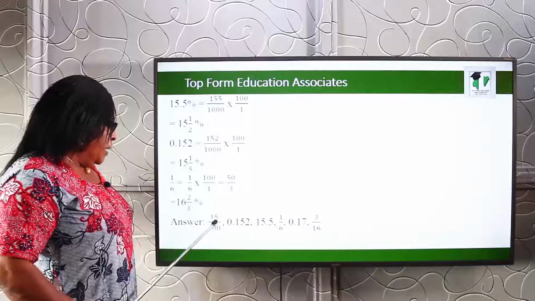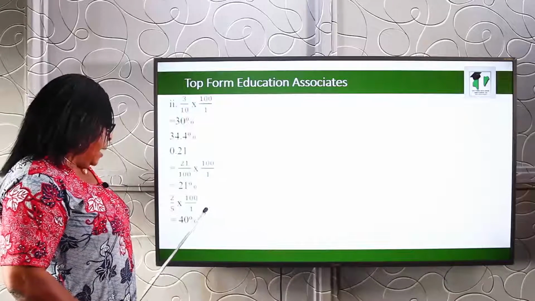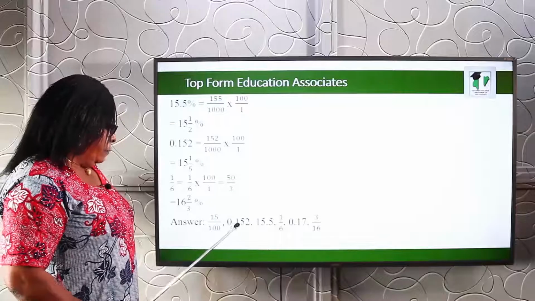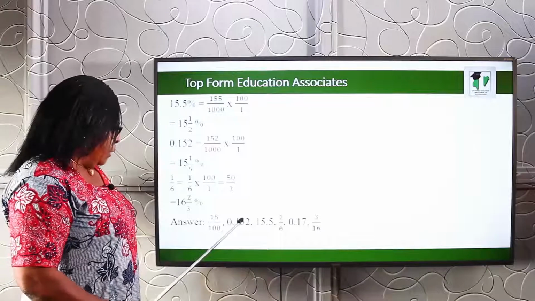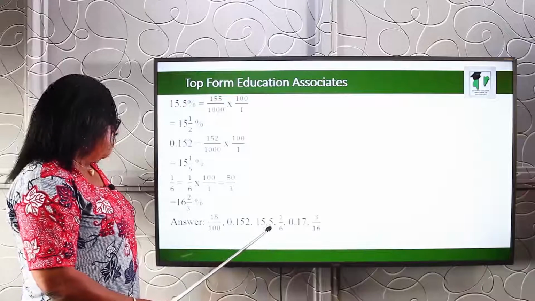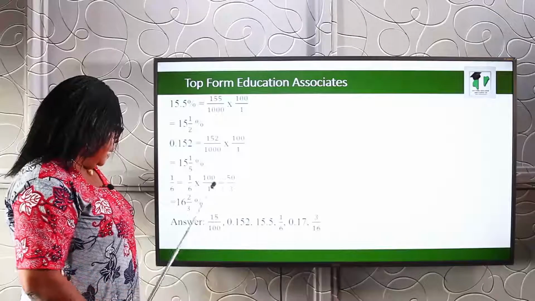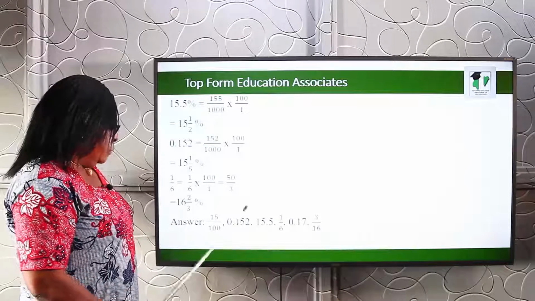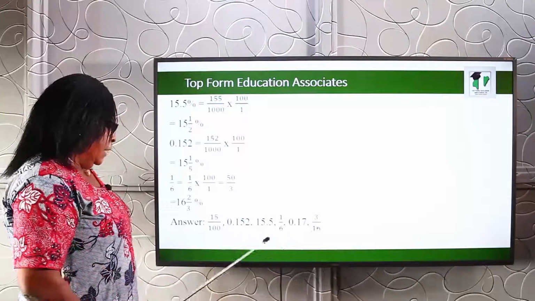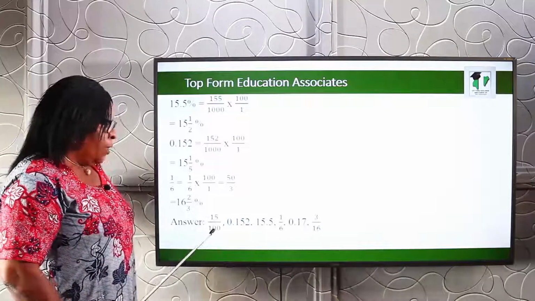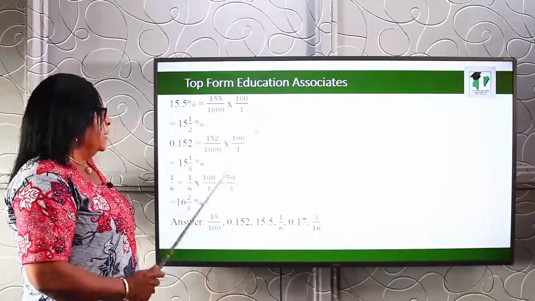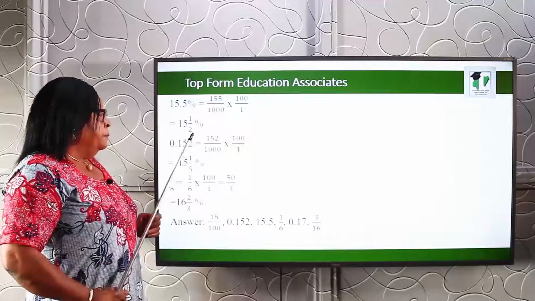So that now gives us that the lowest is 15 over 100, followed by 0.152, followed by 15.5, and by 1/6, then 0.17, and finally 3 over 16. So the lowest is 15 over 100, while the largest is 3 over 16 in that question.